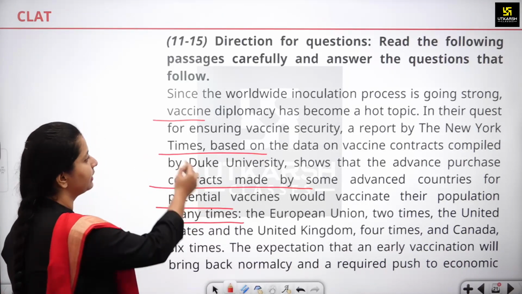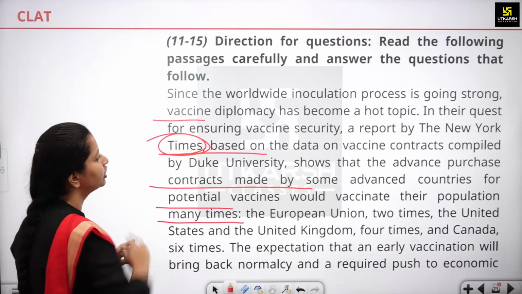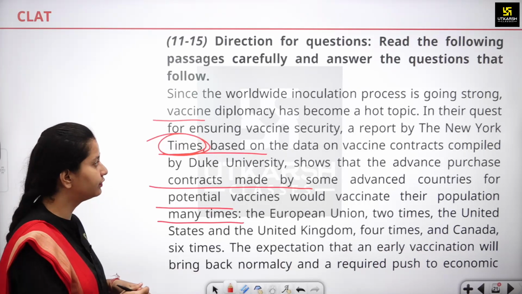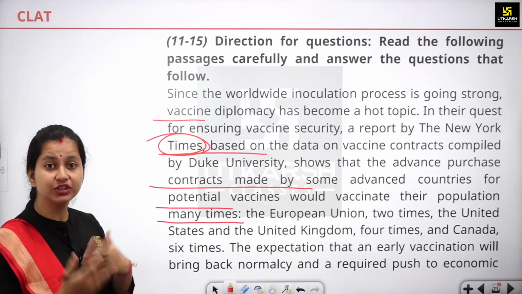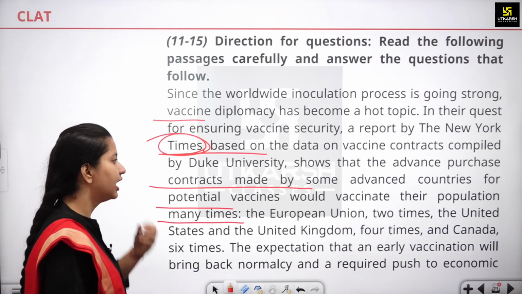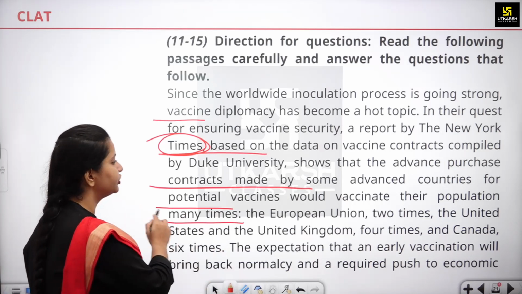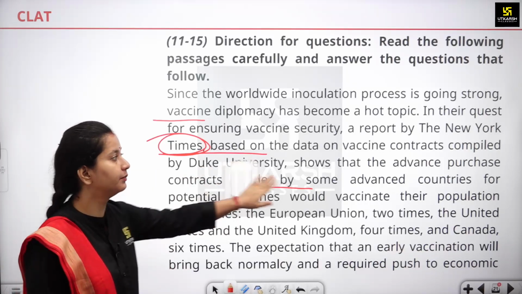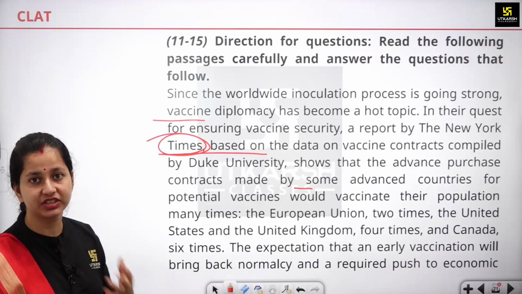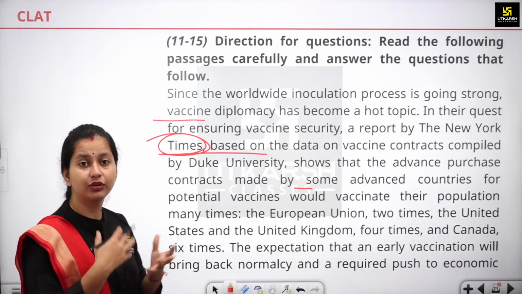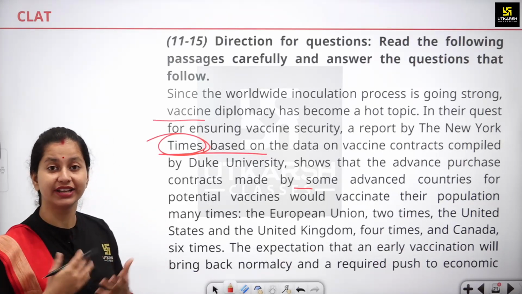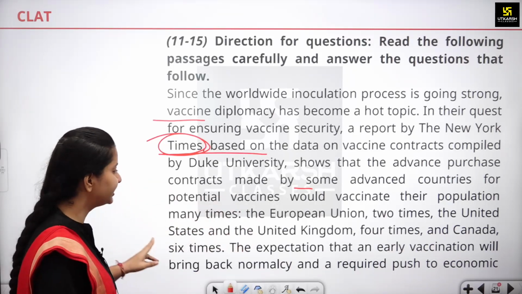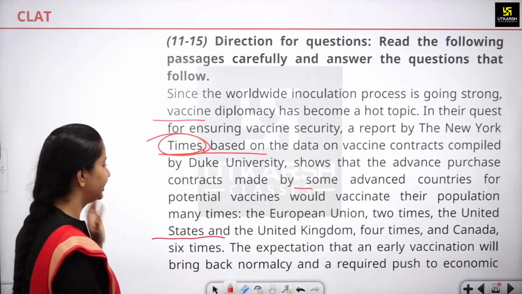The report by the New York Times says that data on vaccine contracts compiled by Duke University shows that advance purchases made by some advanced countries for potential vaccines could vaccinate their population many times. The European Union 2 times, the United States and UK 4 times, Canada 6 times.